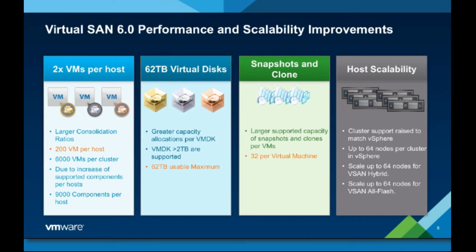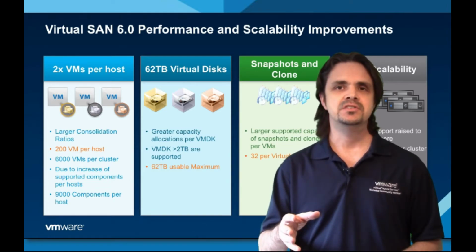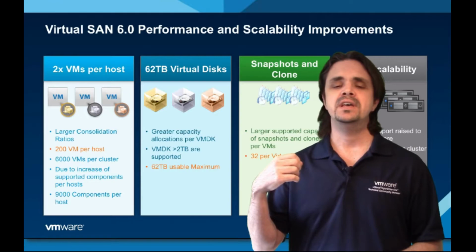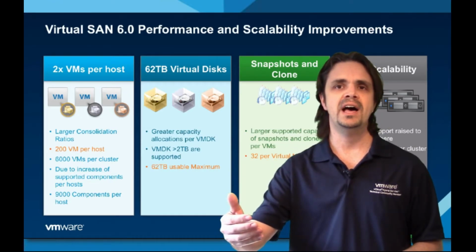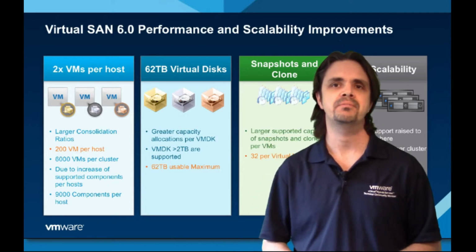You know, one of them was the 62 terabyte VMDK. Now, this isn't to say we're going to go out and create monster machines right out of the gate, but I have been in a ton of situations where we might have been replicating a physical infrastructure into a virtual platform, or P2V, if you will.